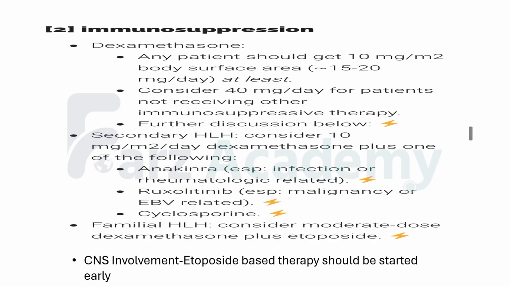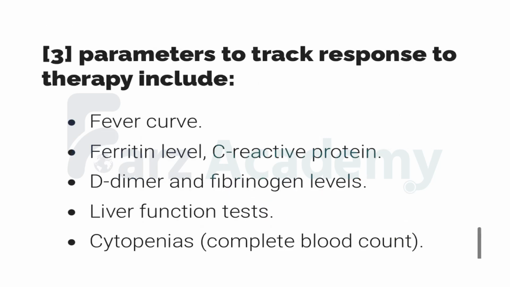In other etiologies or other cases, etoposide is the salvage therapy. When your primary or secondary agents are not working, you start etoposide. But if your patient is having CNS involvement, encephalopathy or seizures, focal neurodeficit, and you are suspecting HLH, start etoposide early.